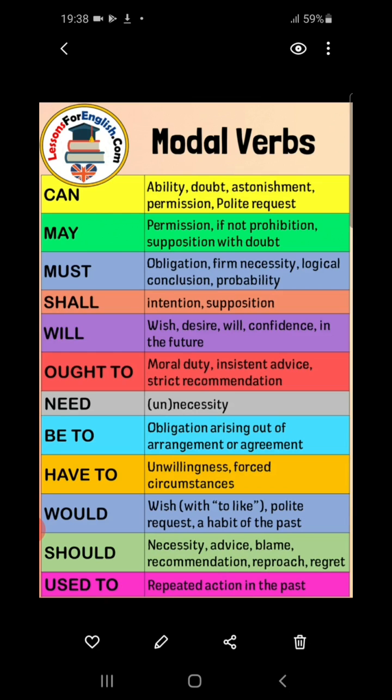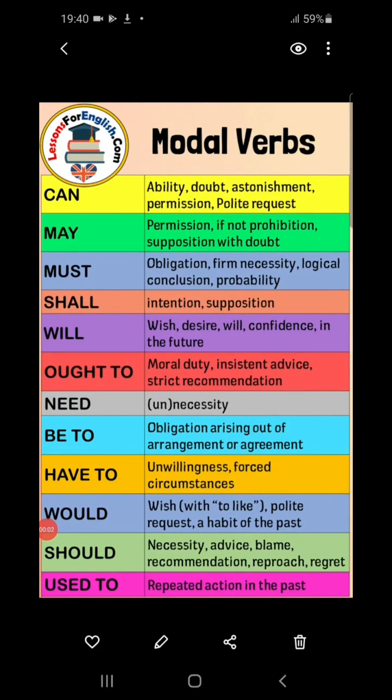Next, may expresses permission, if not prohibition, supposition with doubt.